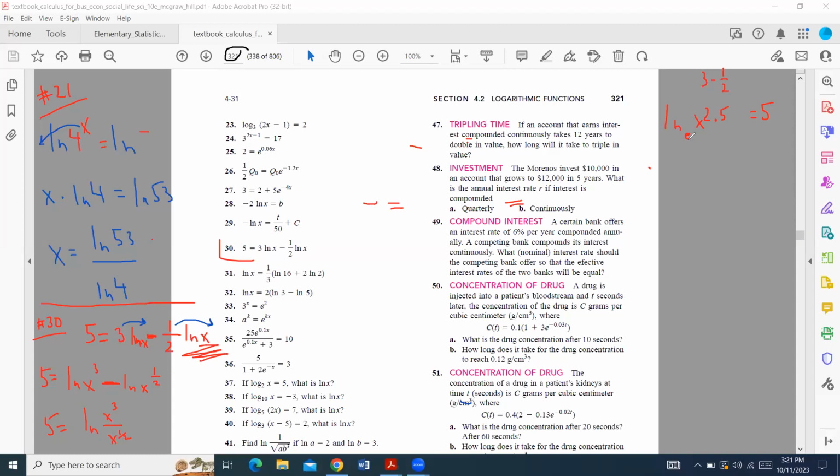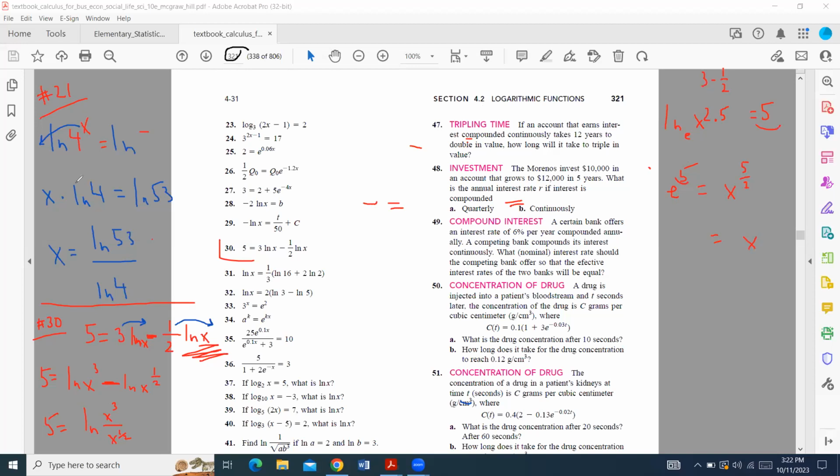So when I have a single ln, I can say e to the power of 5, base e, and the whole logarithm is a power, right? So I put it to the power, is equal to x to the power 5 over 2. Because I need to get x. How do I get x?